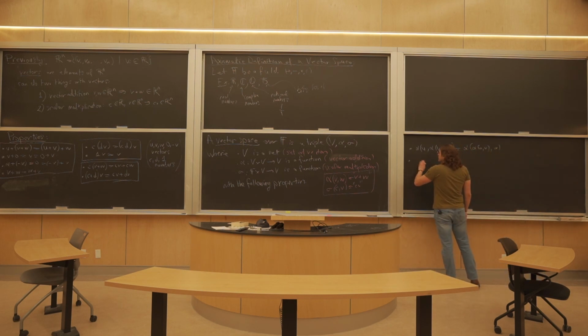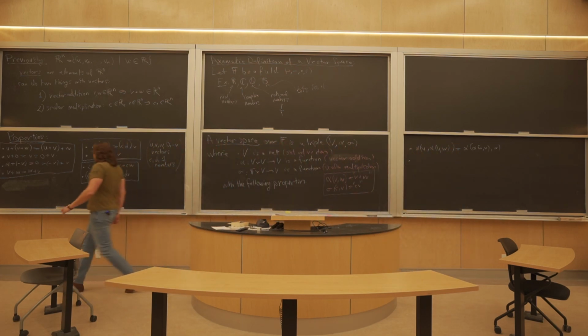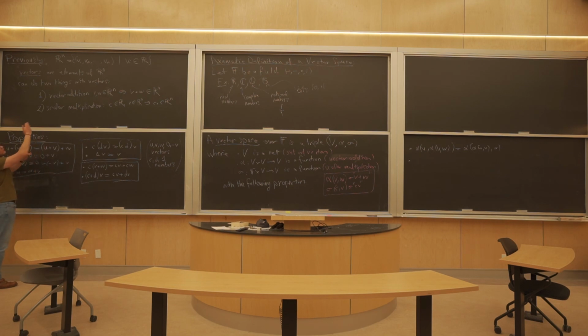Second property. Now in the case of R^n, this was clear. What this 0 vector was, was clear: it's a tuple, all of whose entries are 0. But in the abstract setting, you want to state that there is such a thing.